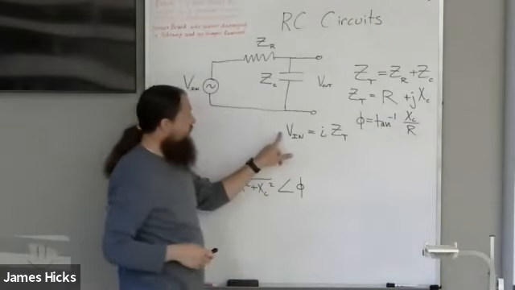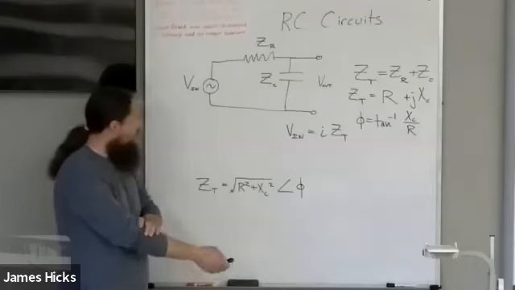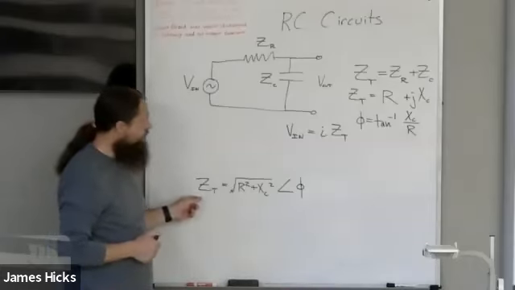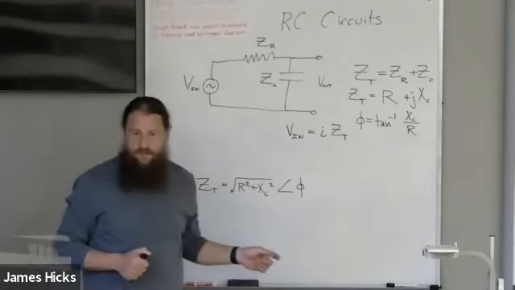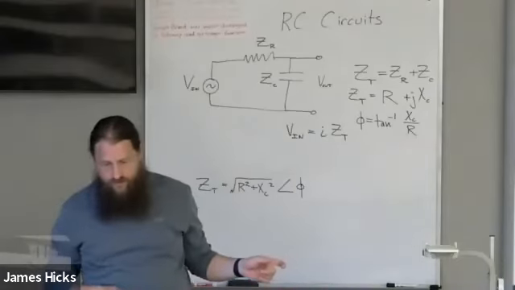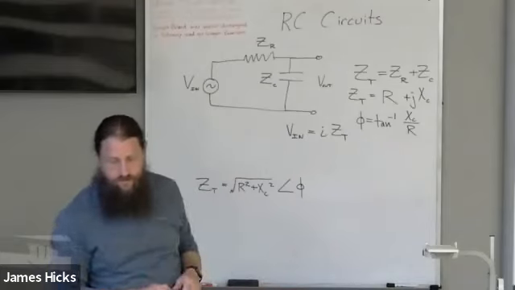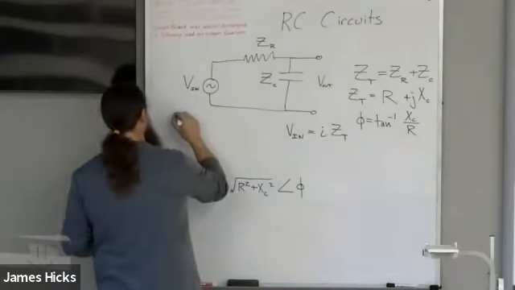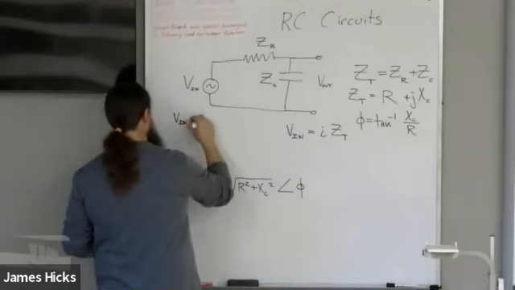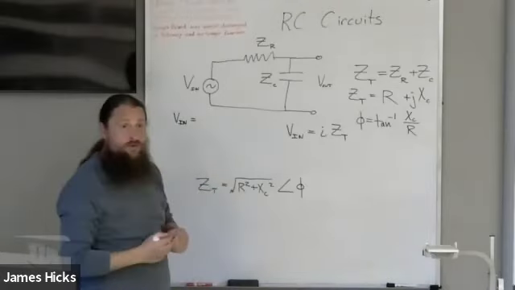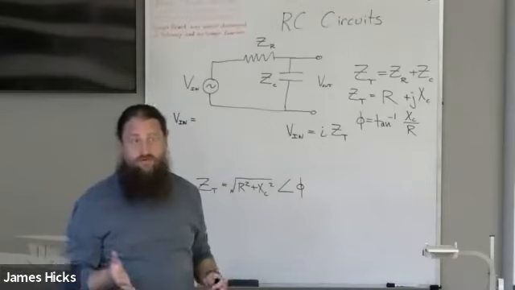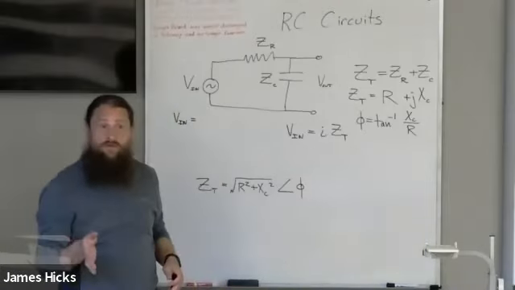So I'm basically trying to fill in this Ohm's law equation. I've got the total impedance. The last thing that we can do, I'm going to assume that our input voltage starts off with 0 degree phase. It's like our reference voltage.